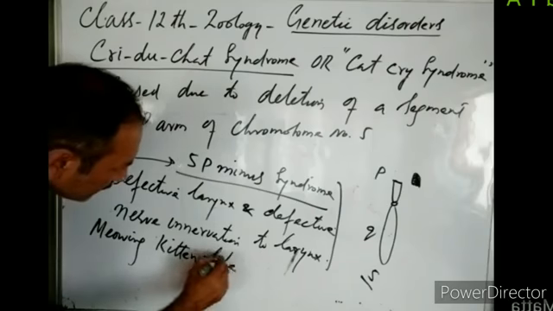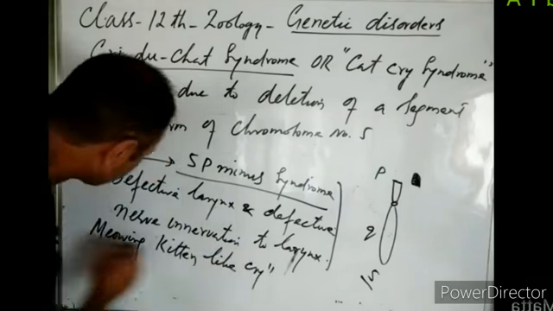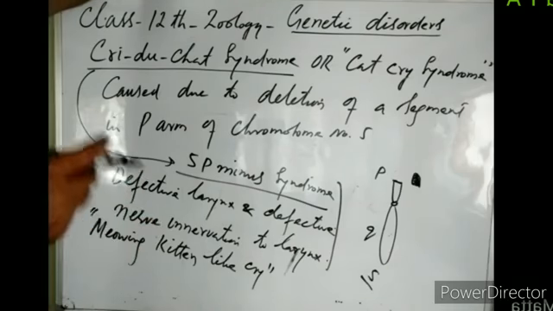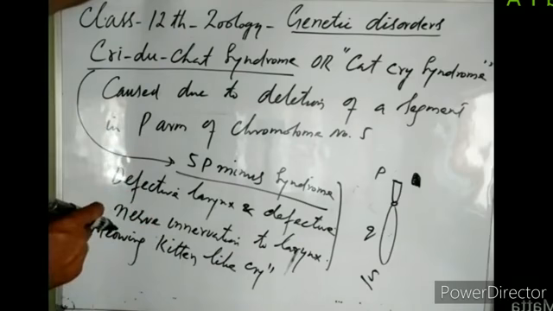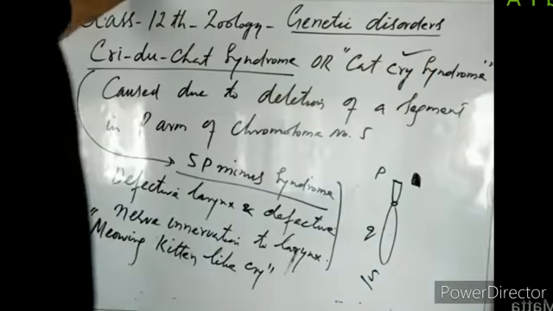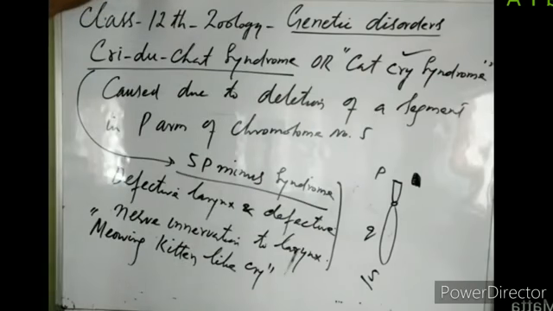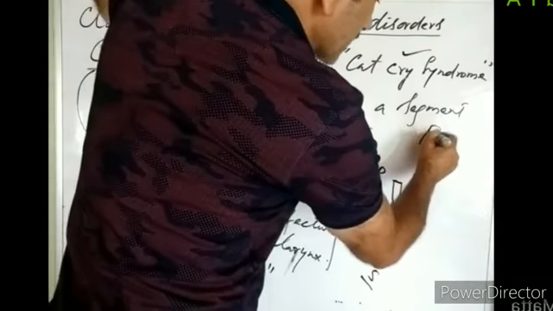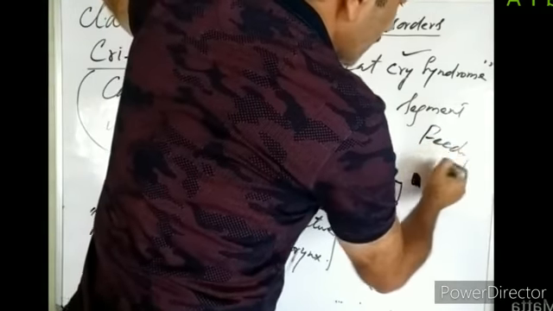That is why it has been named cat cry syndrome. Why do they produce a kitten-like sound? It is because of the defect in their larynx. These babies also have feeding problems.